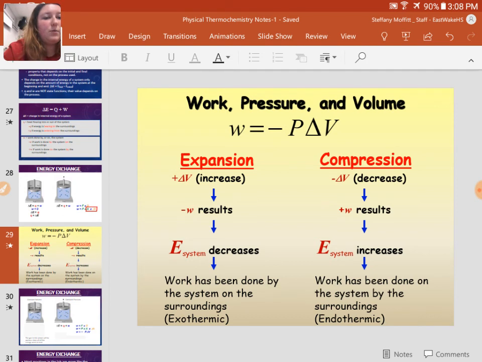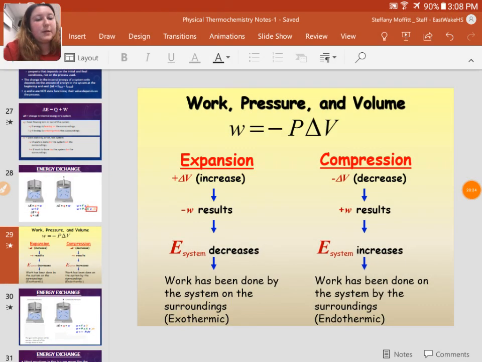So if we're looking at work, pressure, and volume, we can also use negative P times delta V. So if there's an expansion in our volume, delta V is increasing, we will have negative work, and the energy on the system is going to decrease. Work has been done by the system on the surroundings.